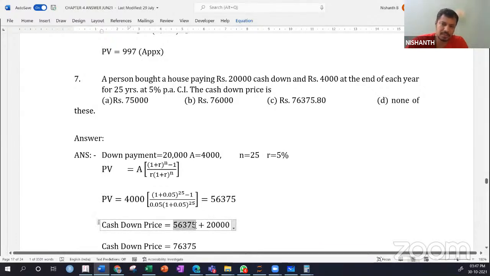To repay this, how much are you paying? I am paying 4,000 rupees, at 5% interest rate for 25 years. But they have not told you this loan amount. They have told you that you are paying 4,000, 25 years, 5% interest. Now you pay 20,000 down. So they'll ask you what is the cash down price. So first find the loan amount, that is the present value of the 4,000, 25 years, 5%, plus the down payment, which will give you the cash down price.